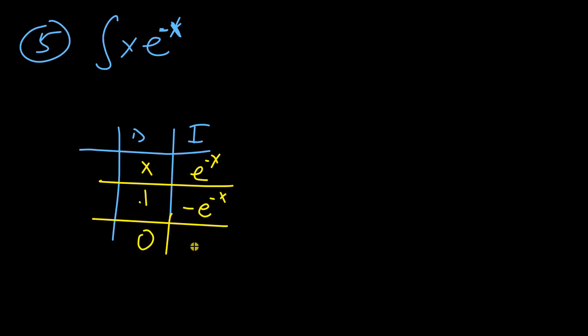If we integrate that again, positive e to the negative x. We have alternating signs here: plus, minus, plus, and so on.